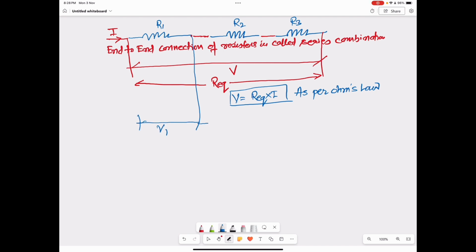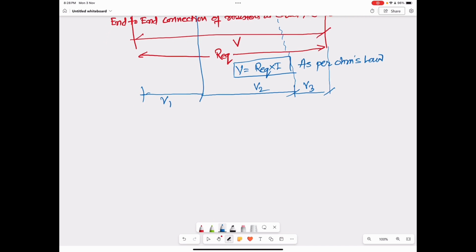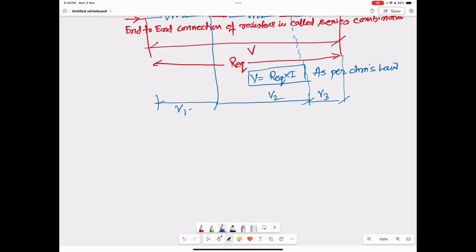Now there is a voltage drop V1 across this, a voltage V2 which is dropping across this, and a voltage V3 which is dropping across R3. So I can write as per Ohm's law, V1 is nothing but I into R1.